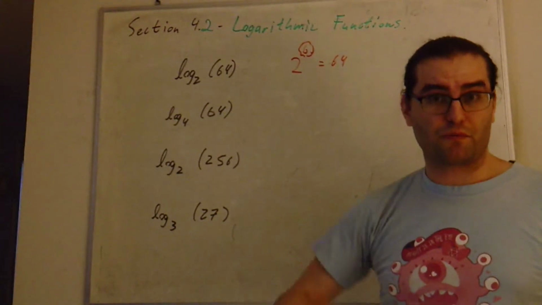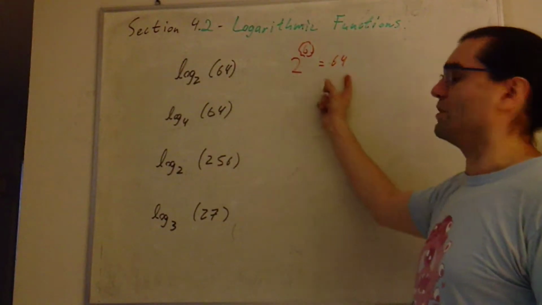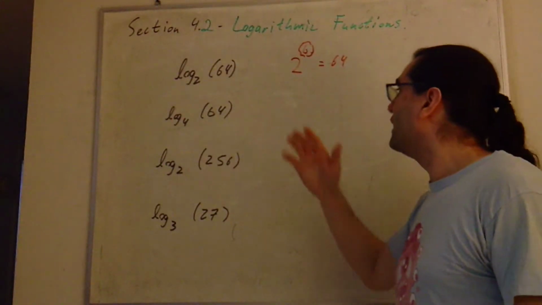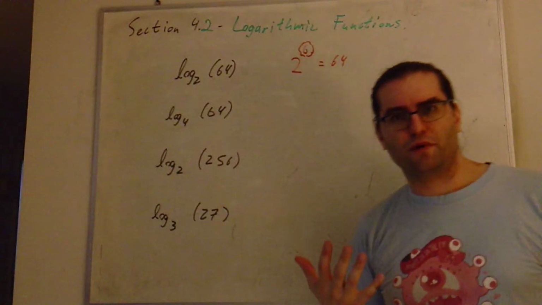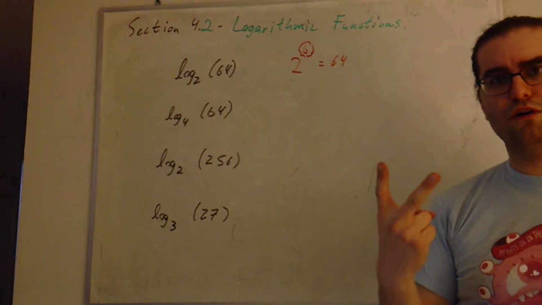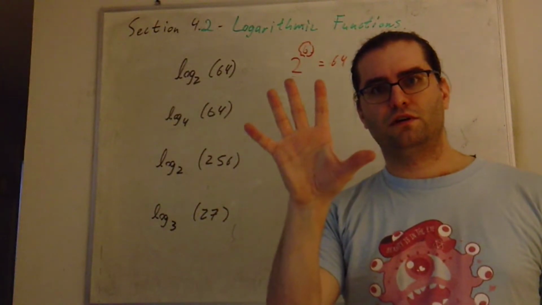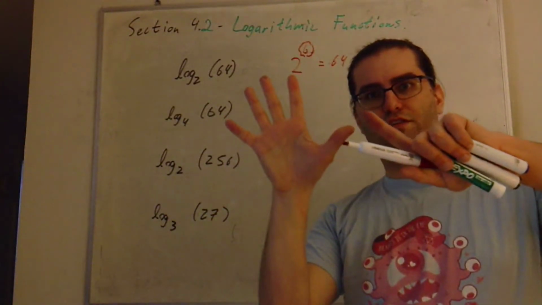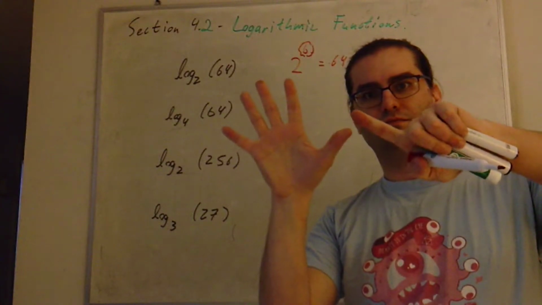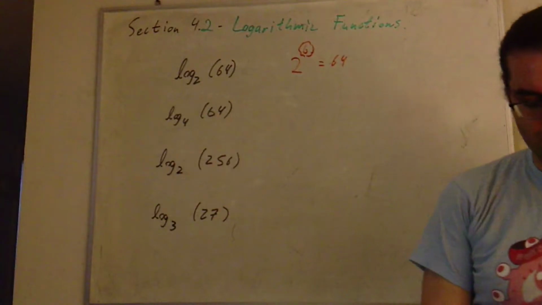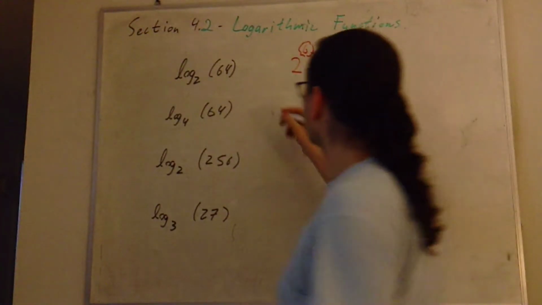If you're a programmer, you should probably know all of the powers of 2. If you're not a programmer, you can count up by 2's. So 2, 4, 8, 16, 32. One more gets you to 64. So 6 2's will get you to 64. So this is 6.